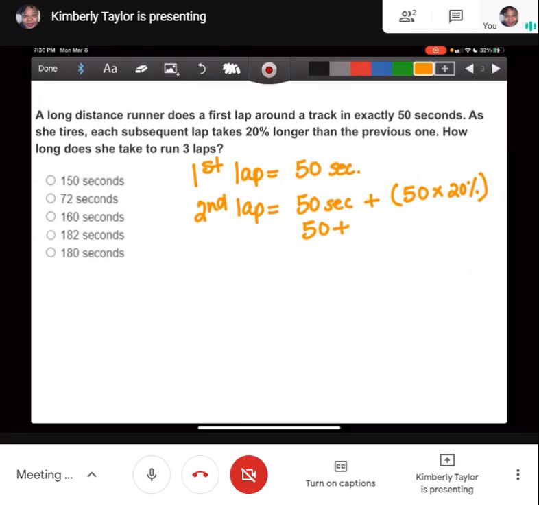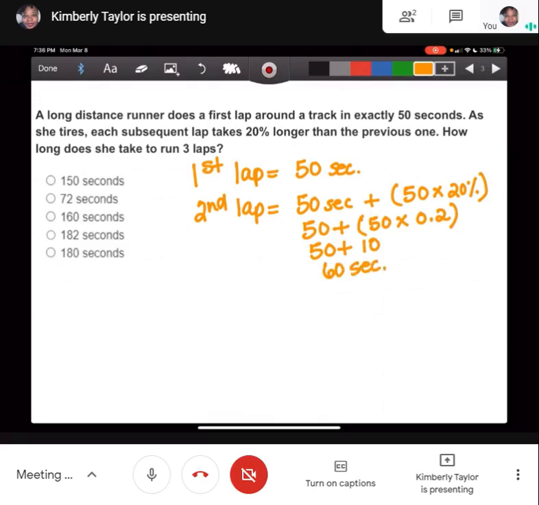In the calculator, you would just type in 50 times 0.2, and when you do that, you should get 10. So the second lap took her 60 seconds.